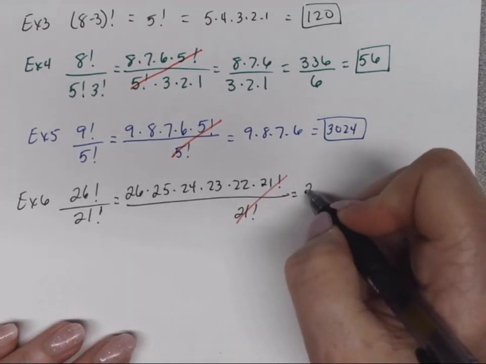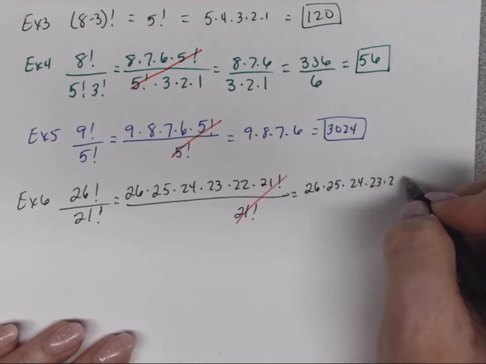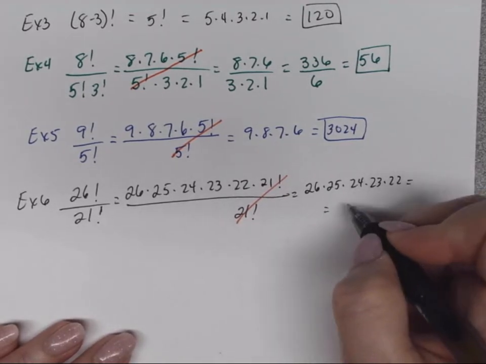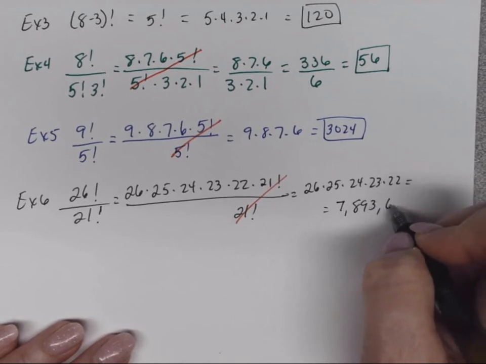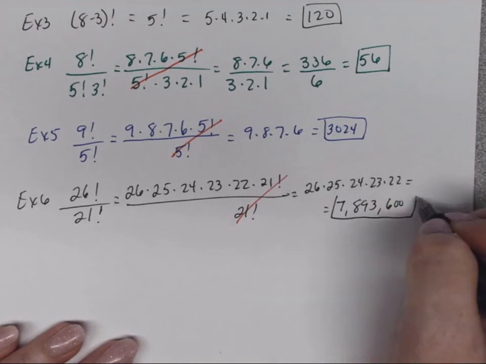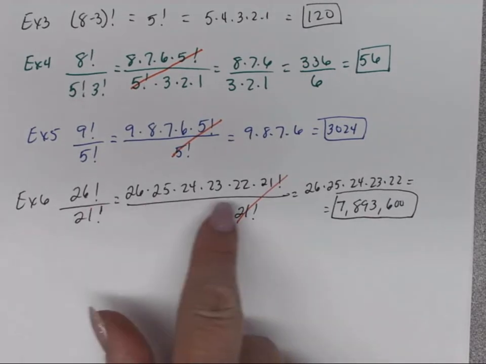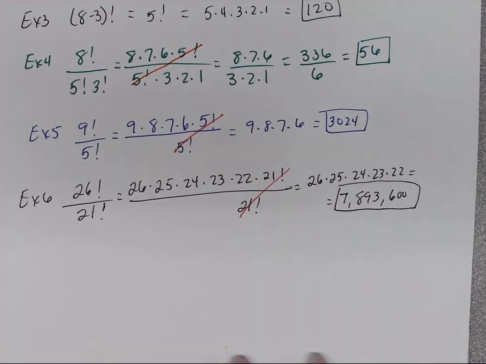Well, that'll equal 26 times 25 times 24 times 23 times 22, which gets us 7,893,600. Big number. So we can see why we want to be able to use those factorials. And if you're taking contemporary math, you'll use this in combinations and permutations.